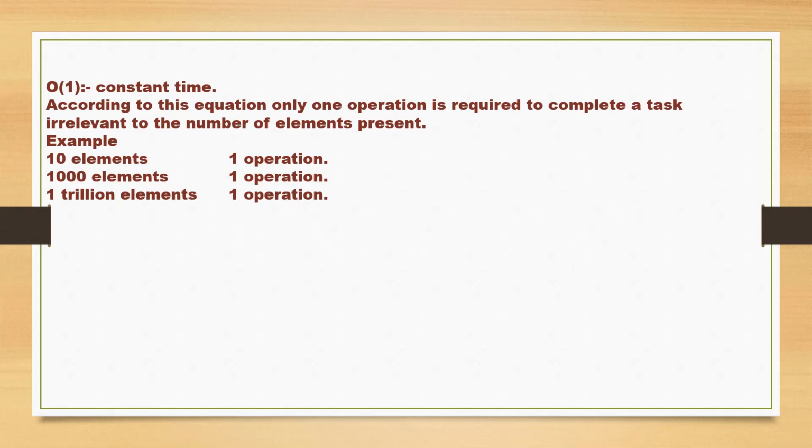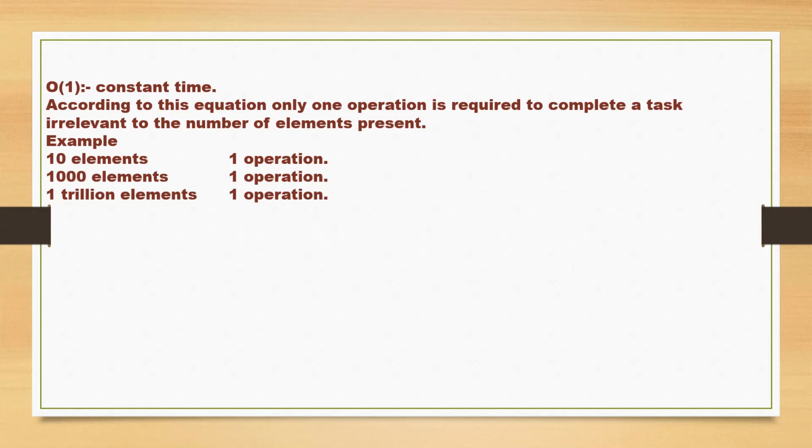For example, if we have the size of the elements to be 10 and the operations required to do the task is one operation, then it is called order of 1. If there are 100 elements and one operation is required, still it is order of 1.